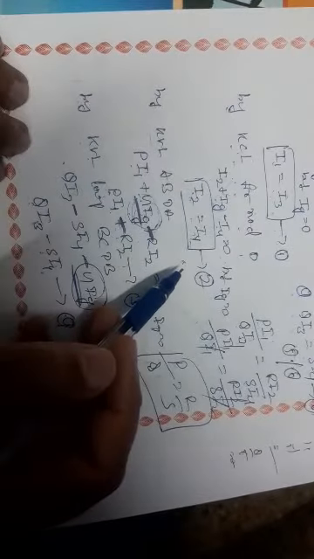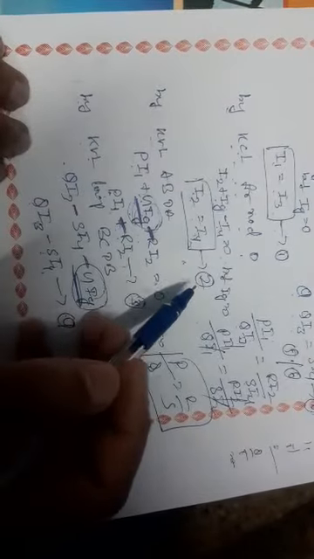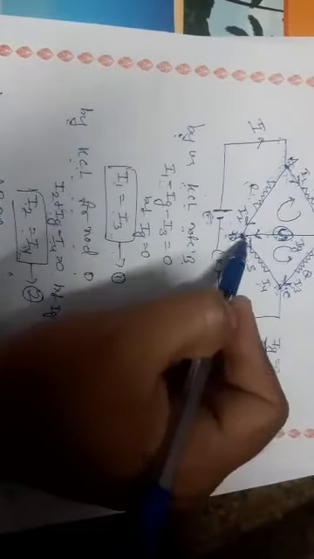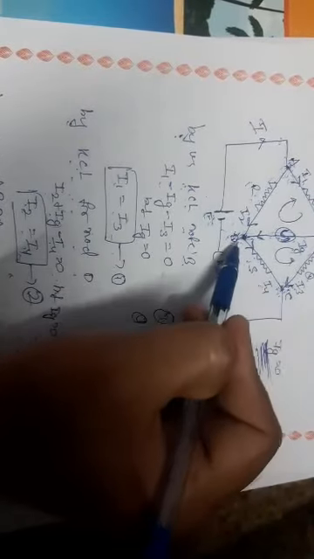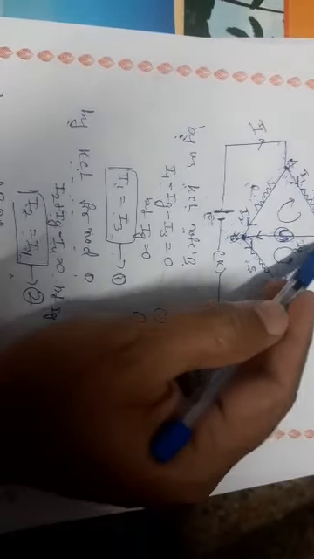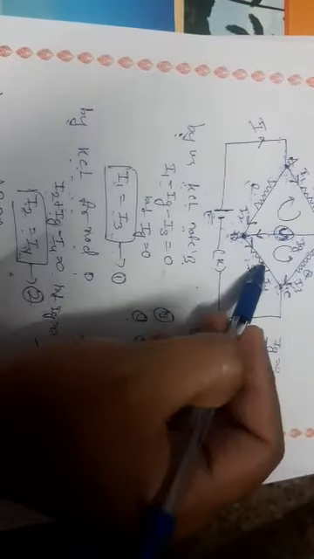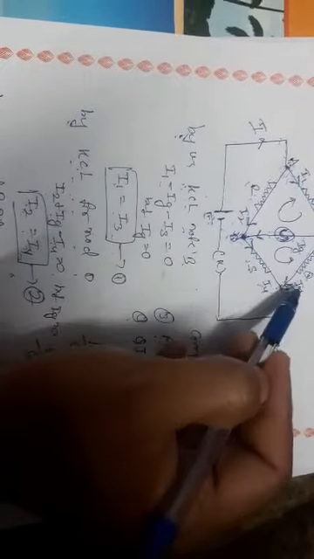And by using Kirchhoff's voltage law for the loop BCDB, point C is converging, D is diverging, B is diverging, that means positive, negative.